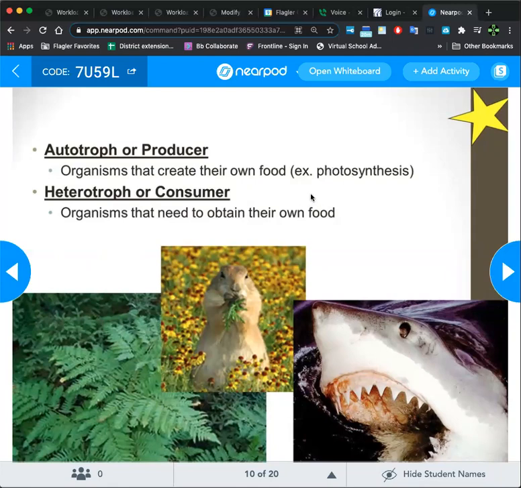And this isn't just photosynthesis. This could be other processes too, such as chemosynthesis, which is using chemicals to make their own food. But primarily in this class, we're talking about photosynthesis and plants and phytoplankton, things like that. And then, of course, you have your heterotrophs or your consumers. They have to consume, they have to get their own food.